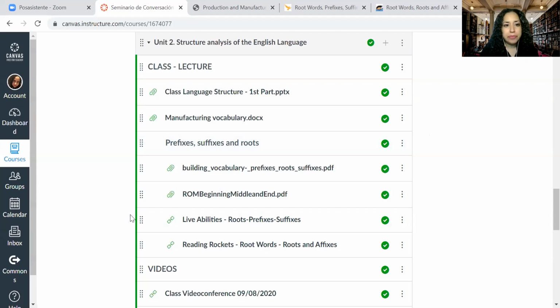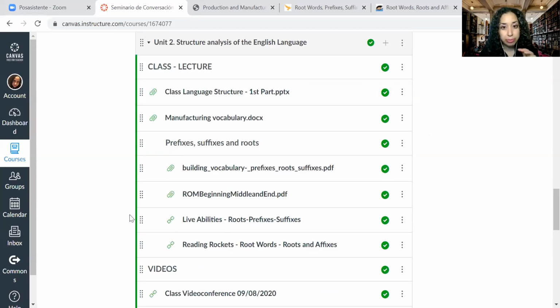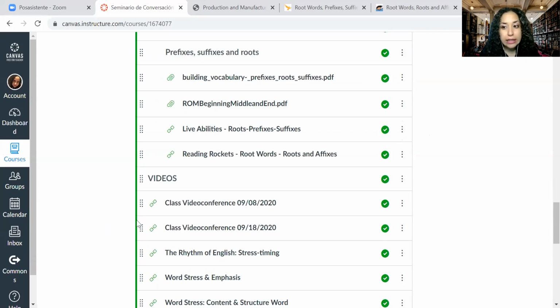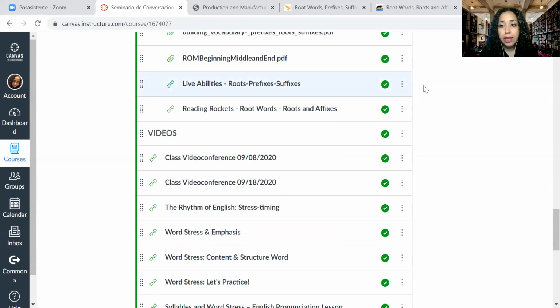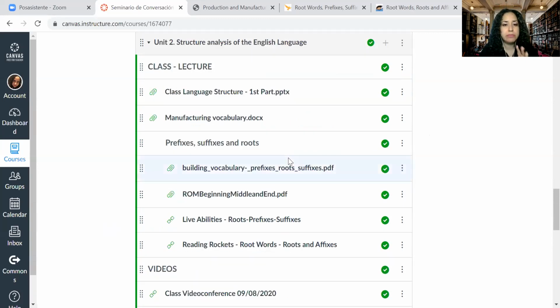So just so that you know, you have Unit 2, Structure Analysis of the English Language in the Platform, and you need to go and look at it in Canvas. And once you're there, there is information over there. You have this information, prefixes, suffixes, and roots that you are invited to go and look at.